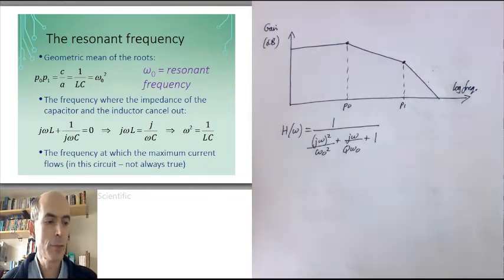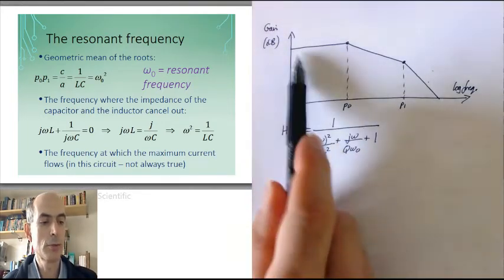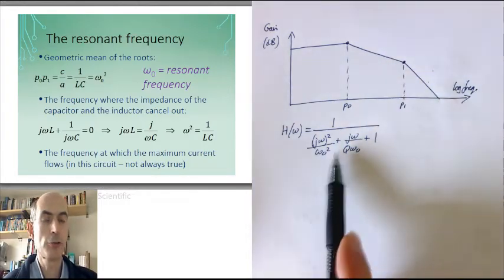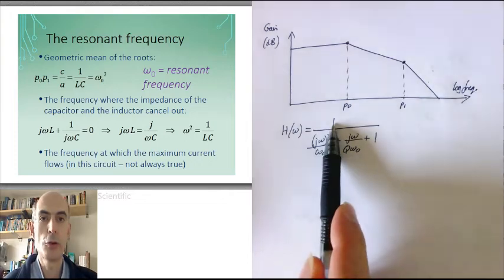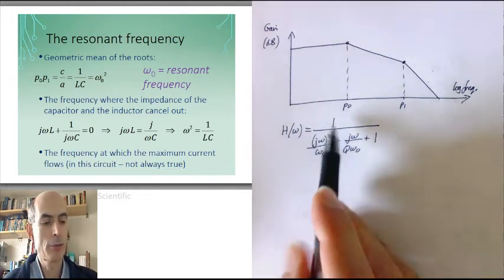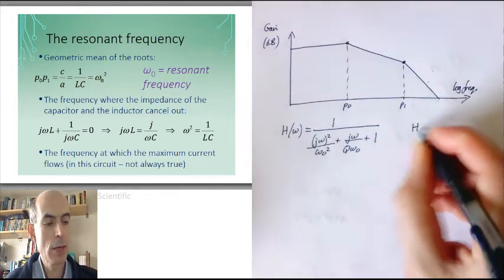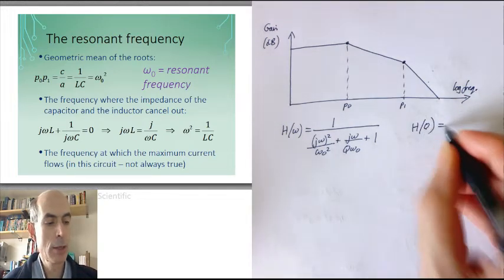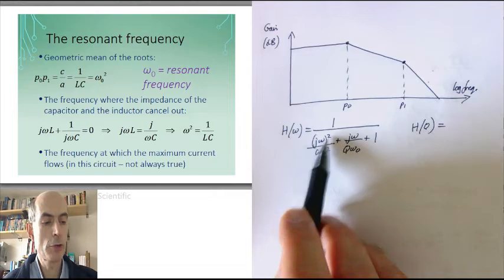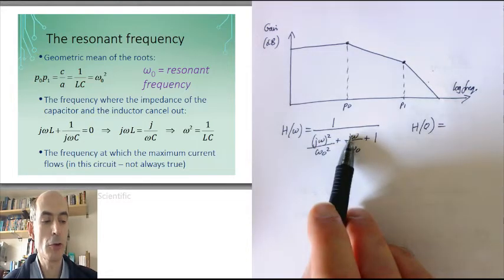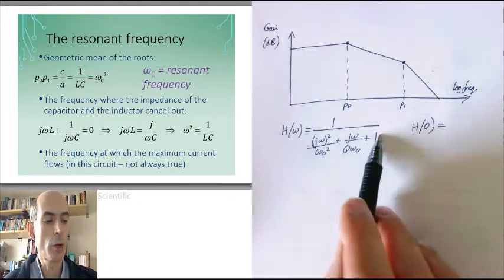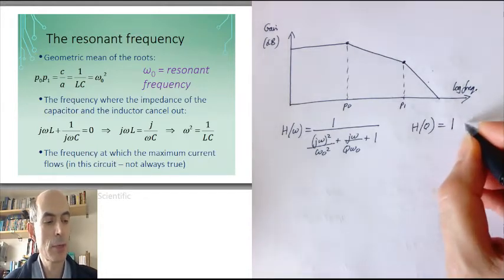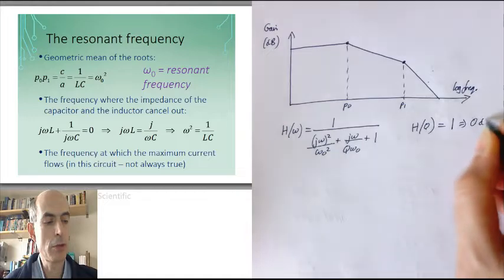To see this, consider a general Bode approximation to the frequency response of this second order system, one with no zeros in it. At very low frequencies, h of 0 will go all the way down to dc. J omega would be 0, this term would be 0, this term would be 0. You would just end up with 1 over 1 or 1. Express that in dBs and you'd get 0 dBs.